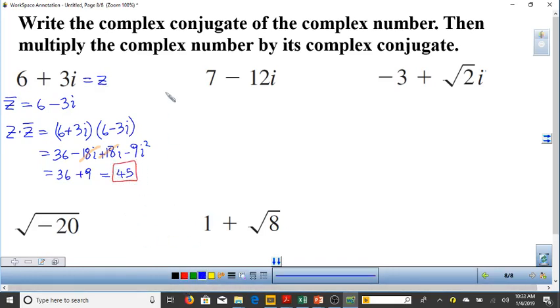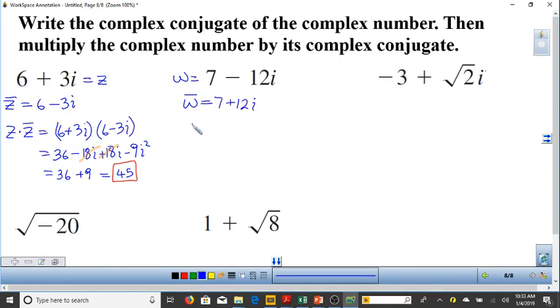Let's do this next one here. Let's call this complex number W. So W is 7 minus 12i, so W conjugate is 7 plus 12i. And we multiply.